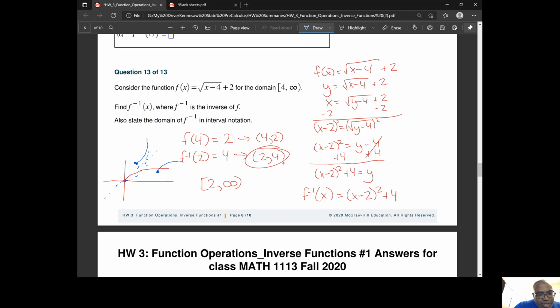Not drawn to scale 100%, of course, but it's a reflection across the line y is equal to x. Because of that, the inverse function, even though it looks like this, only behaves like this on the output of the original function.